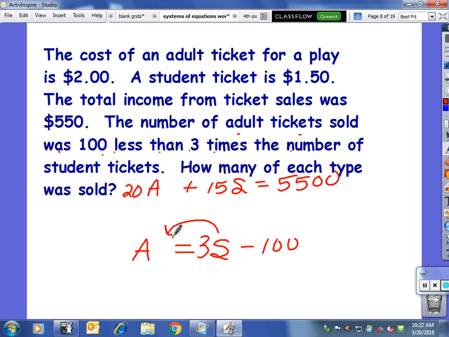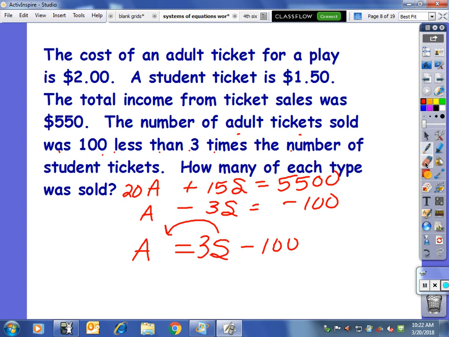If you move the 3s over here, it's going to become a minus 3s equals negative 100. Watch out for your signs. So all I had to do was move one thing over, and now it's going to be super easy to make something cancel. If you multiply that second equation by 5, then the students will cancel. Somebody last period chose to multiply by negative 20. What would that do? That would make the adults cancel.